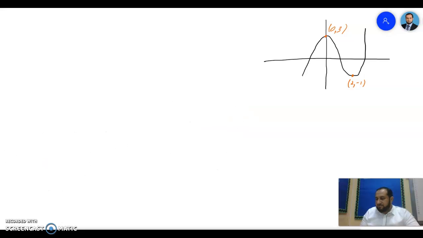Now if we are given f of -x, now this is a reflection. Here we have coordinates (0, 3) and (2, -1). Once we can see this is -x, that means this will only affect the x coordinate.